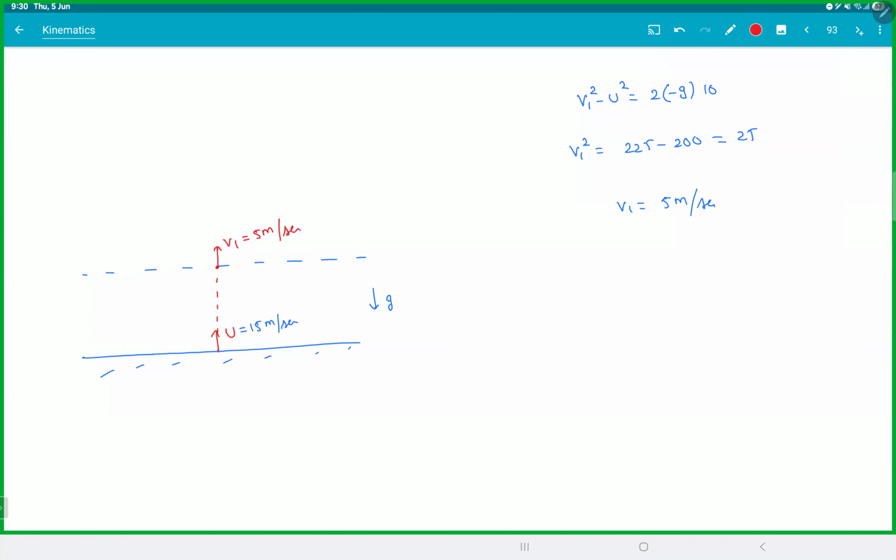So you have to check, are you crossing the boundary or not? Then, when you do for the second boundary, the gravity has become g by 2, which is 5 meters per second squared. So again, you can use the equations, but remember this time the gravity is 5. So this is for the first boundary.